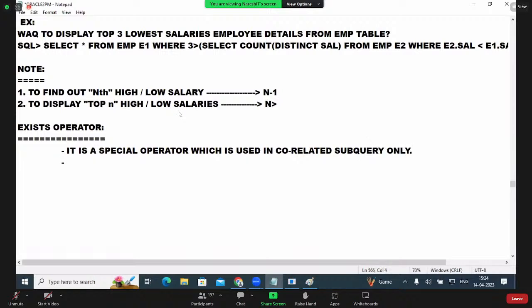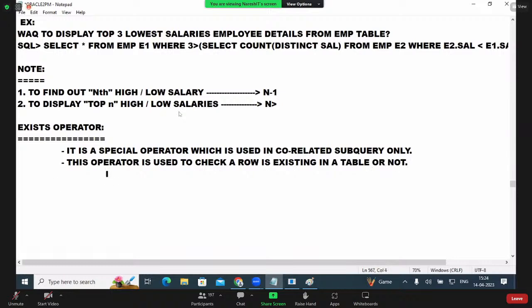This operator is used to check whether a row exists in a table or not.